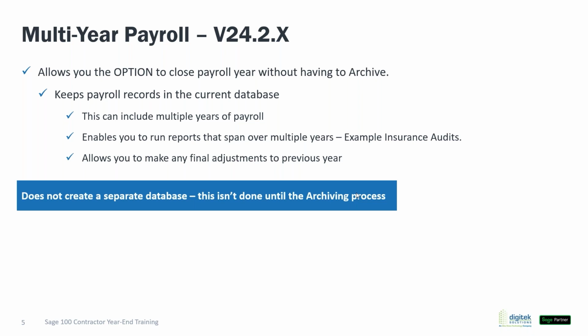One thing that's nice about that is if you keep several years of payroll open, let's say your company policy is to keep 2 years of historical payroll open in the current database. What's nice about that, for example, is your insurance audits. Typically your insurance policy period doesn't run January through December. It can run June through July, whatever the case might be. Now we're able to run reports for that time period instead of having to go into the archive to gather information from the prior year.